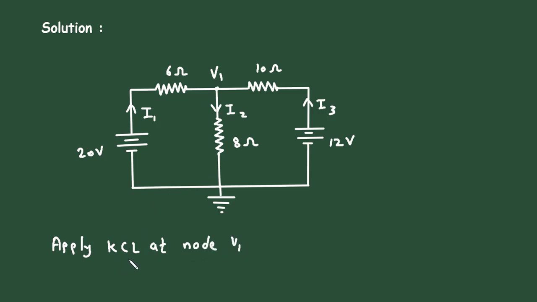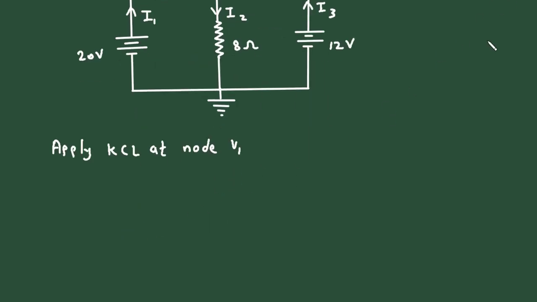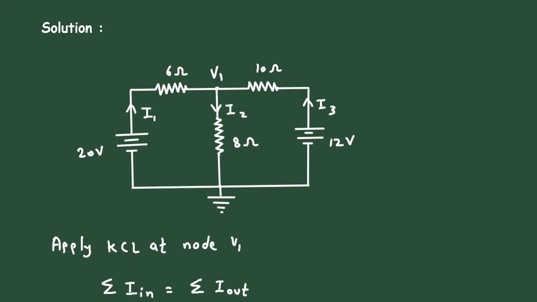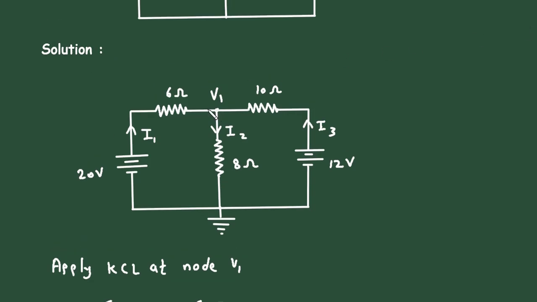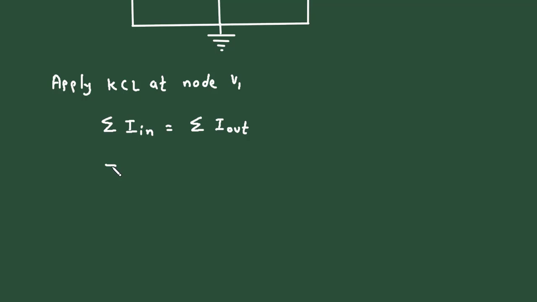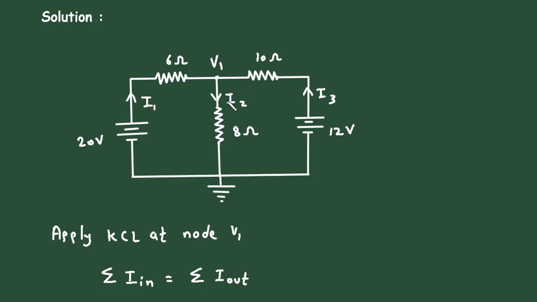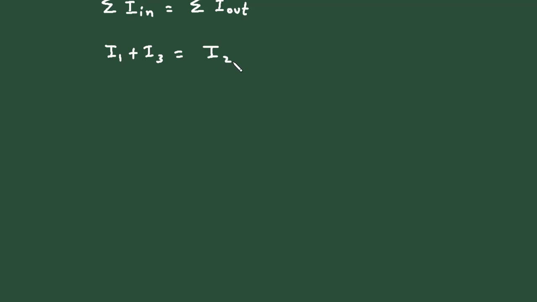KCL stands for Kirchhoff's current law. According to KCL, the summation of all the currents entering a node is equal to the summation of all the currents leaving the node. Now at this node, the entering currents are I1 and I3. Here we can write I1 plus I3 is equal to the leaving current, which is only I2.